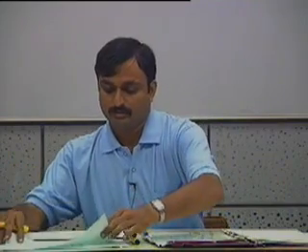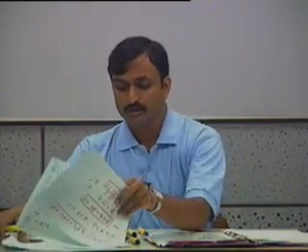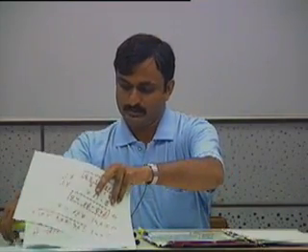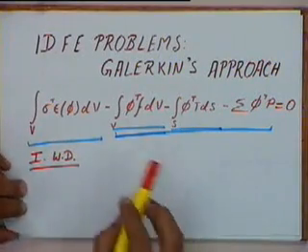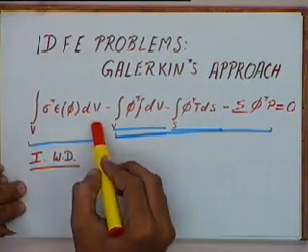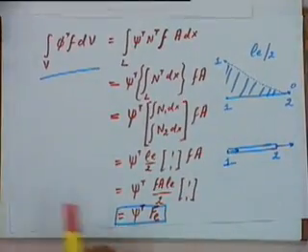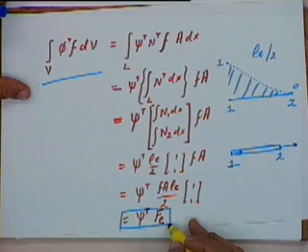Essentially, if you look at the method that we are using for the one dimensional problems, in the Galerkin's approach we started with this equation, then we simplified this first term and we got an expression like this.